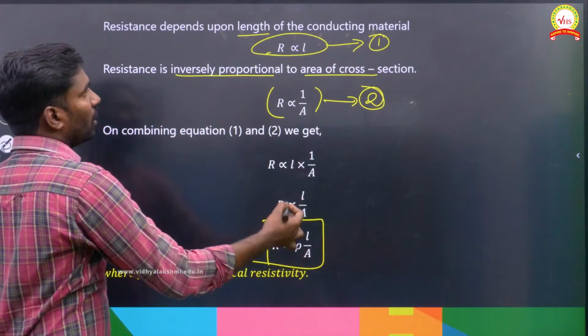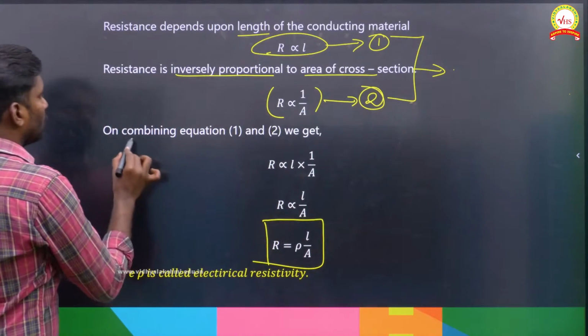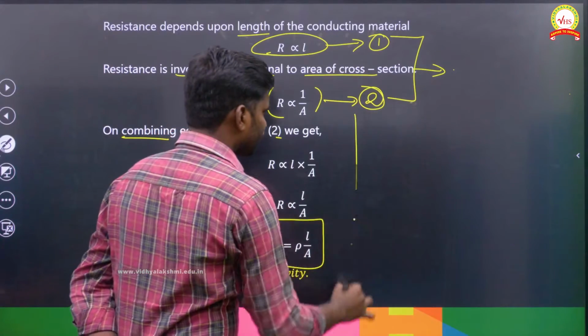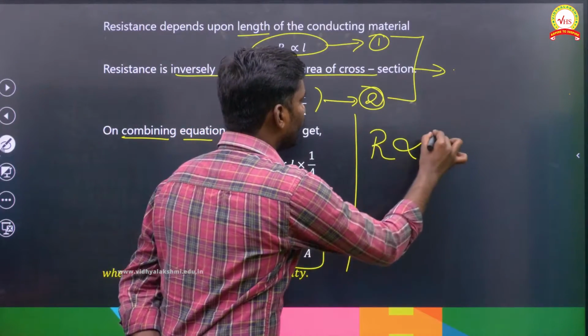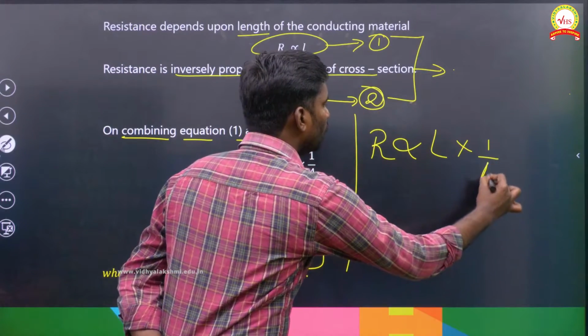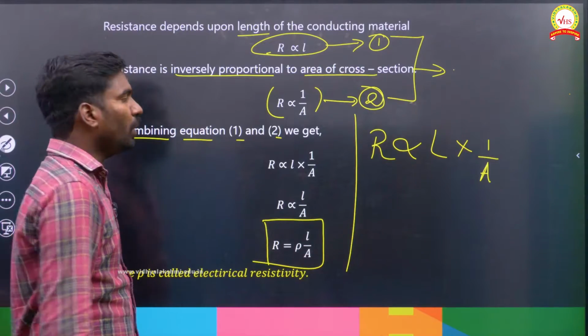Now what are you going to do? We are just going to combine the two equations. Combining equations 1 and 2, we get R is directly proportional to length and inversely proportional to area.